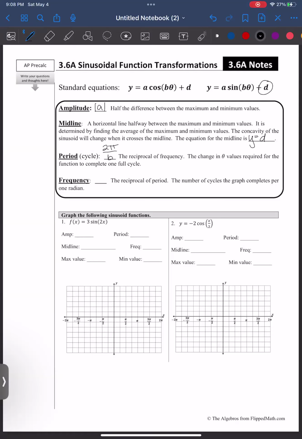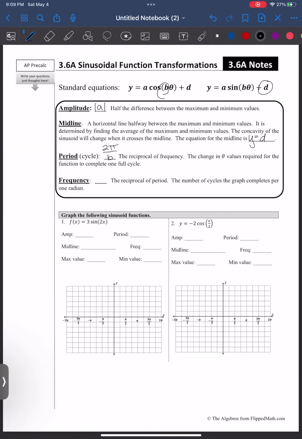divided by b. So remember that b represents a horizontal stretch or shrink, right? A represents a vertical, but the b represents the horizontal, meaning how smushed or spaced out my graph is going to look. And I will show you examples of what that looks like.